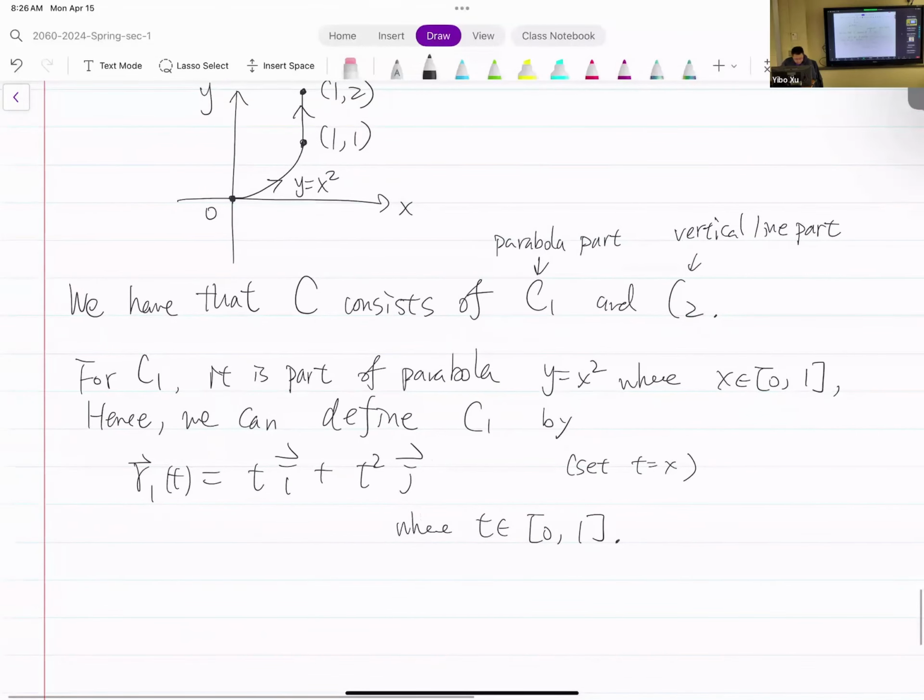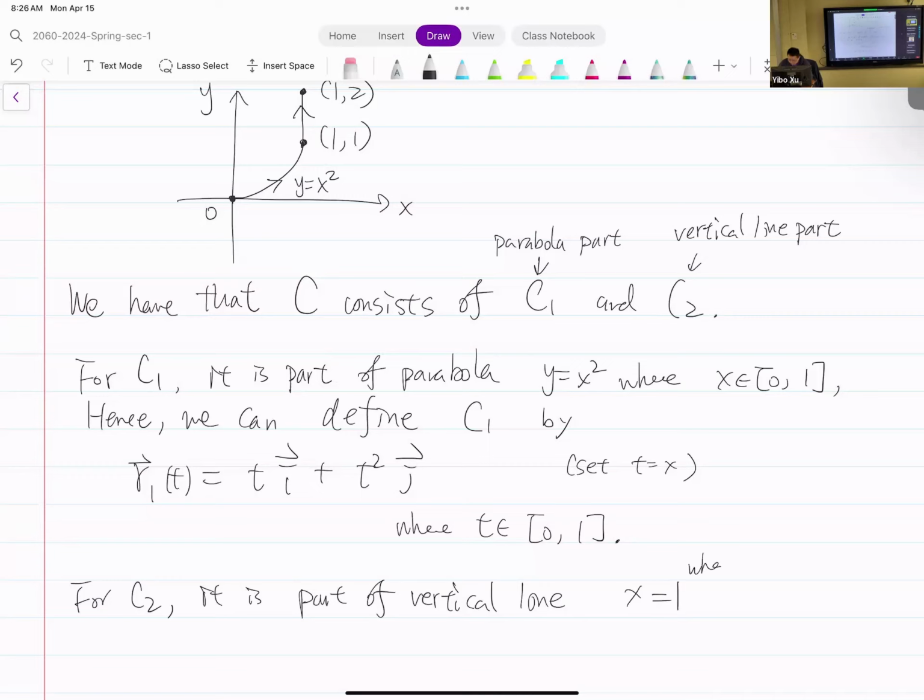So for C2, it is part of the vertical line x equals 1, where y is between 1 and 2.